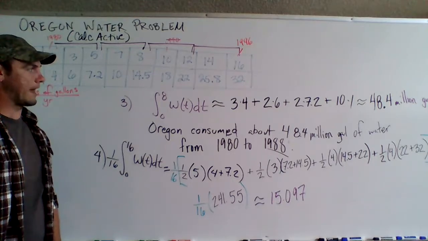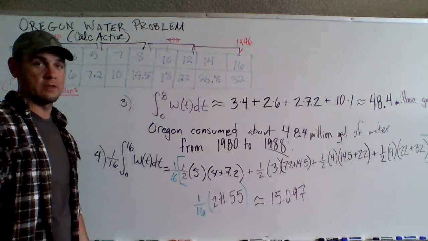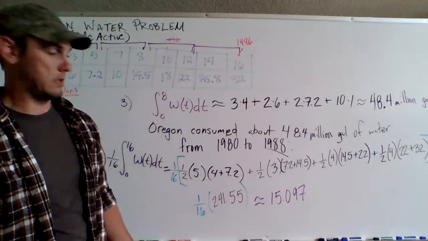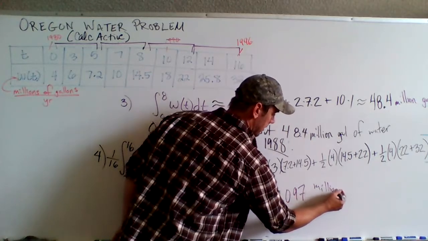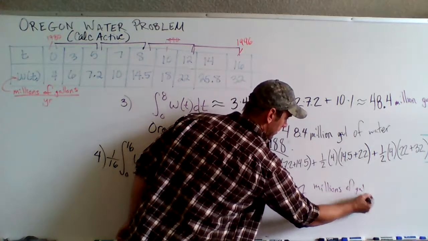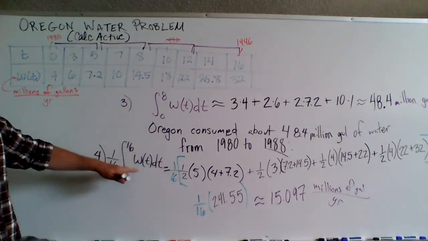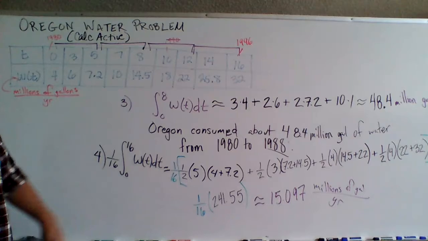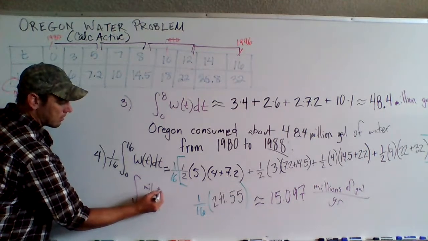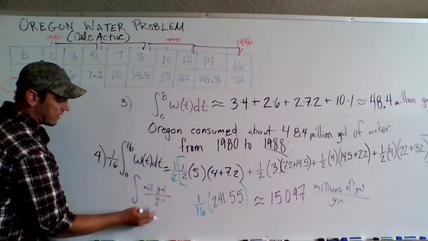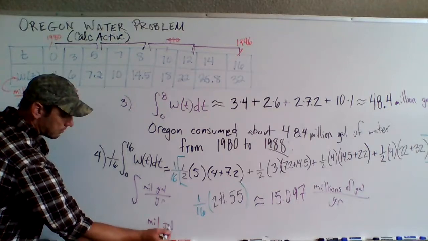Guys, they're asking for the average rate of consumption. Well, the rate of consumption is millions of gallons per year. Okay, and we'll talk a little bit more about that. Another way to think about it, we really integrated W of T dt, so we integrated millions of gallons per year, and when we integrate that, it's just going to be million gallons.